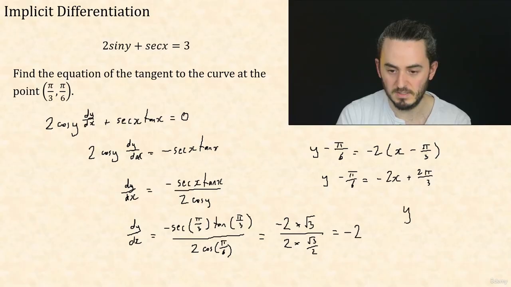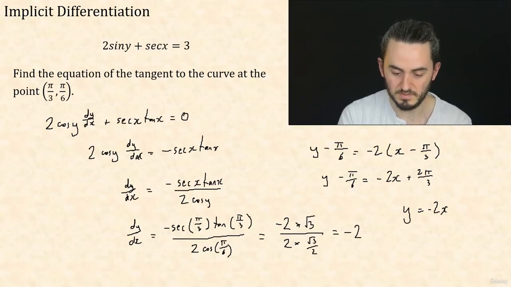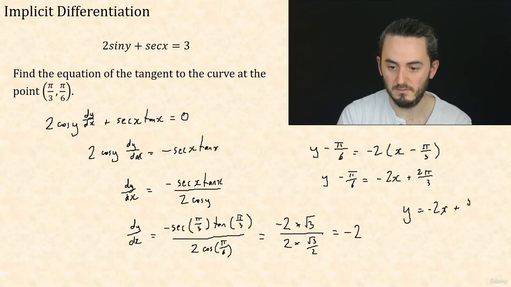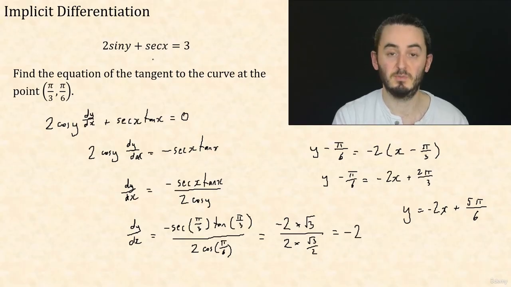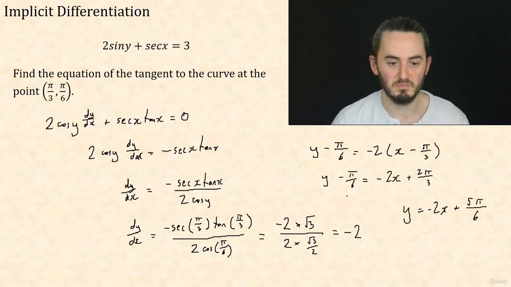And finally, y equals minus 2x, and what have I got? I've got 2 pi over 3 plus pi over 6 is 5 pi over 6, so plus 5 pi over 6. And there is the equation of the tangent to this spectacularly complicated curve at the point pi over 3, pi over 6.